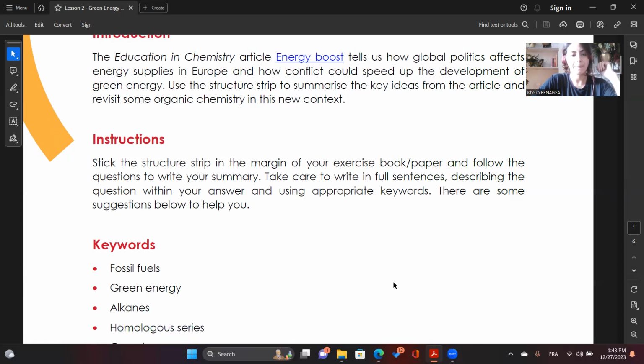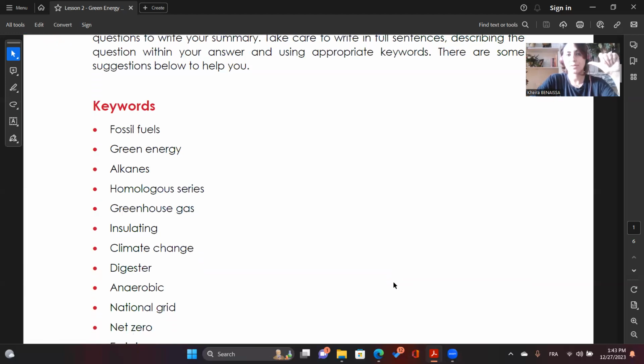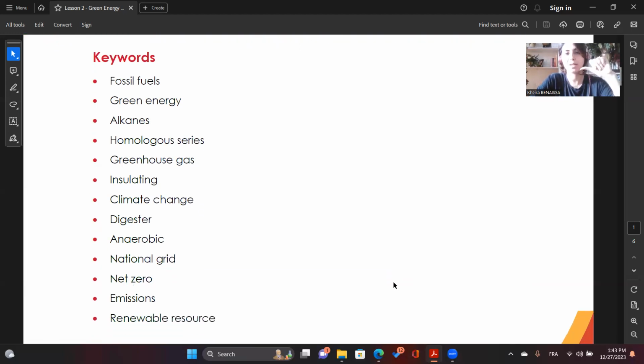Some examples: fossil fuels, green energy, alkanes, homologous series, greenhouse gases, insulating, climate change, digester, anaerobic, national grid, net zero emissions, renewable resources.